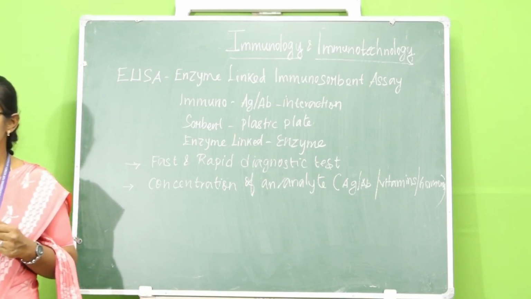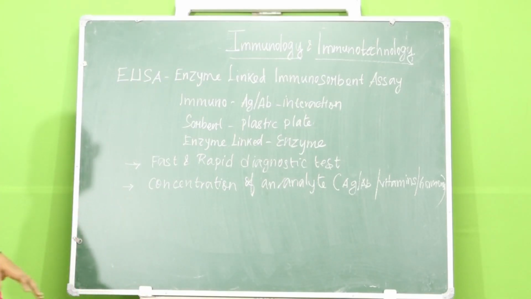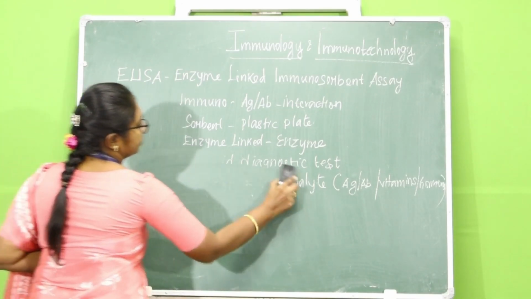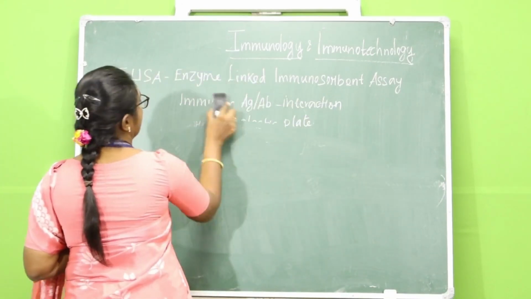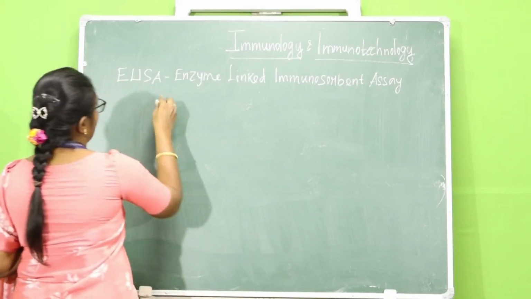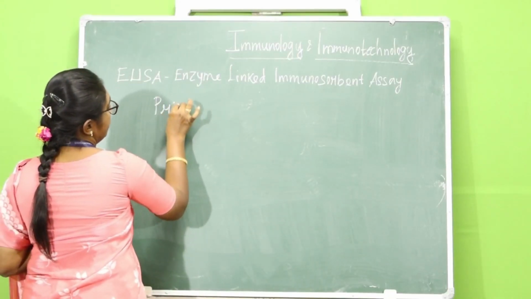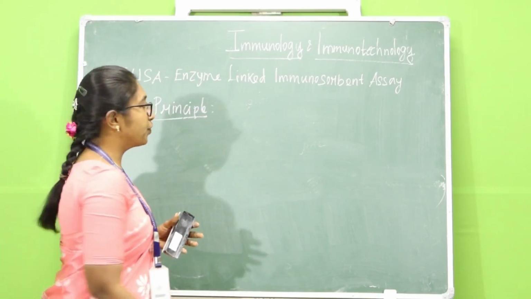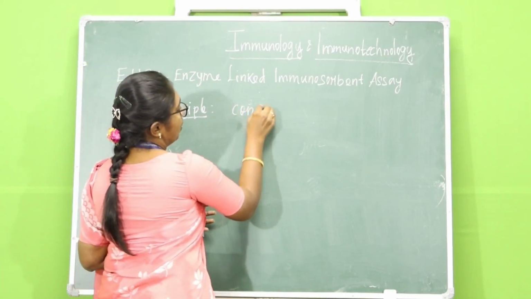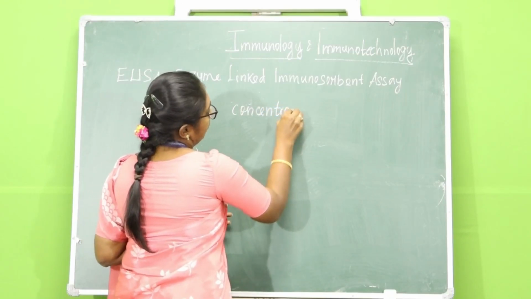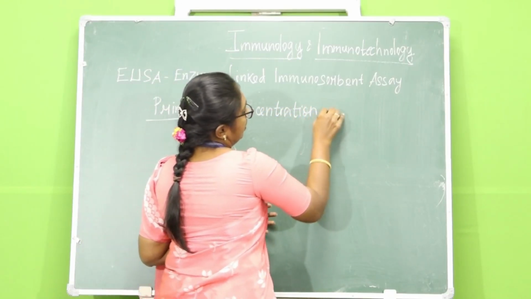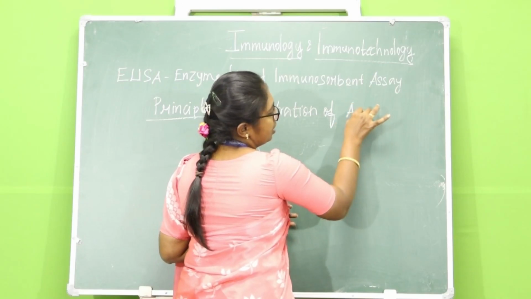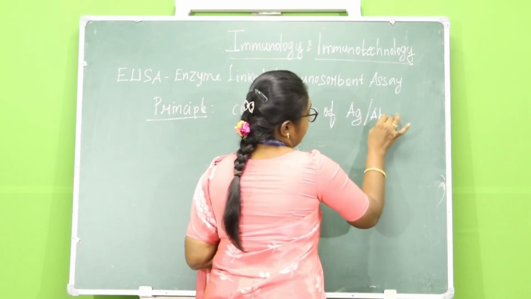So next we will see the principle behind ELISA. First, it is mainly used to find the concentration of antigen or antibody.